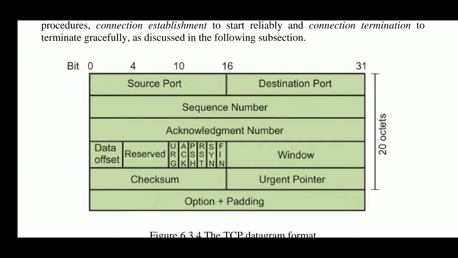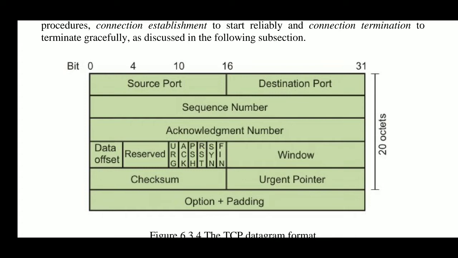Second is the destination port, which is again a 16-bit port number of the application program in the host of the receiver. Sequence number is of 32 bits. It conveys to the receiving host which octet in this sequence comprises the first byte in the segment.